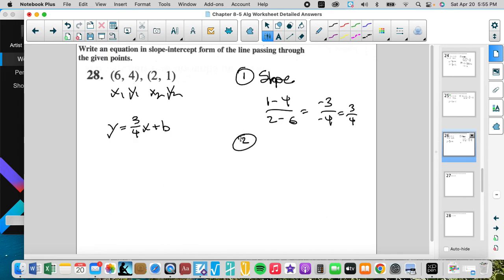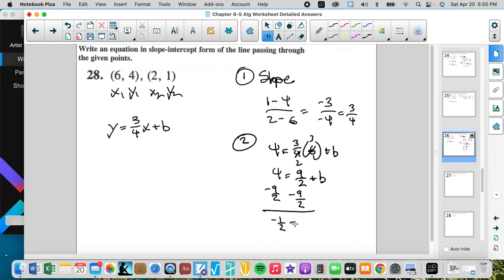And then let's pick a point. 4 equals negative 3/4 times 6 plus b. So 4 equals, that's a 2, that's a 3, so we get 4 equals 9 halves plus b. We're going to minus 9 halves, minus 9 halves. And we should know that that gives me negative 1 half, because I know 4 is equivalent to 8 halves. So y equals 3/4 x minus 1 half.